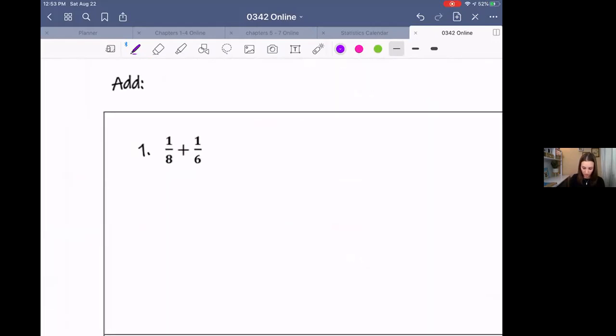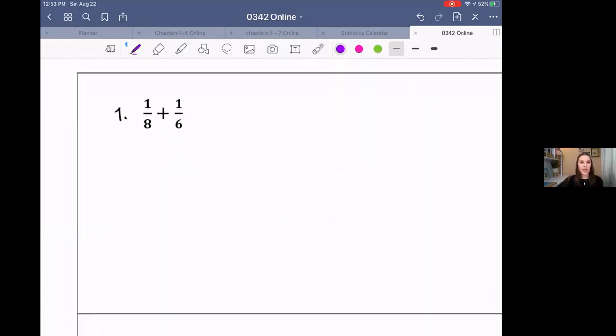Let's look here. I have add 1/8 and 1/6. If you want, you can draw circles and try to add pieces until you have what you need. But I'm just going to go ahead and do this algebraically. So I'm going to look at 8 and 6.